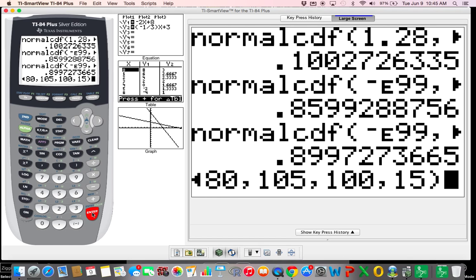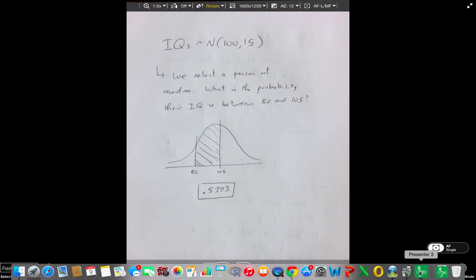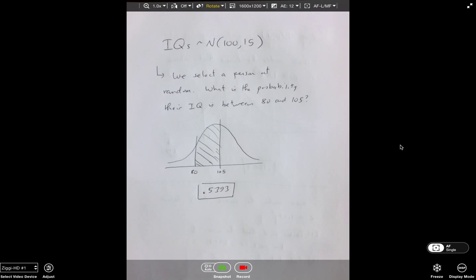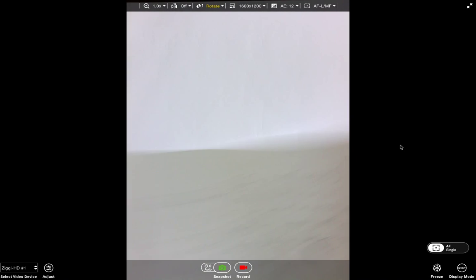So let's paste it. If you think about it, this is exactly what you see on the other calculator. You just don't have that intermediate screen. The answer here would be 0.5393. Don't you hope statistics stays this easy? It's going to get harder. But guys, we'll do it together.